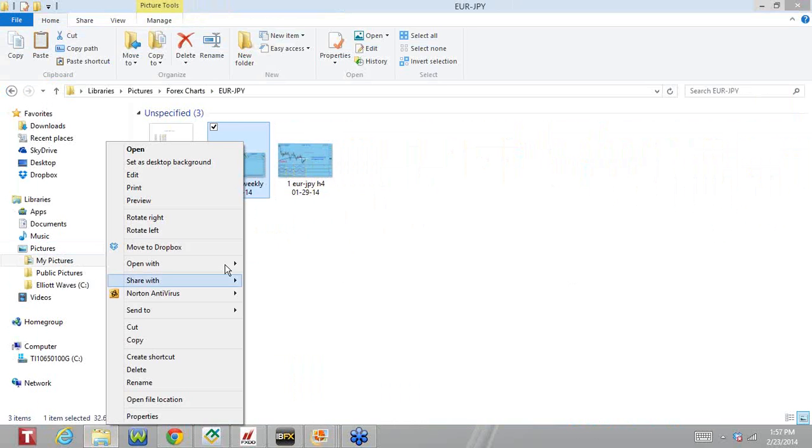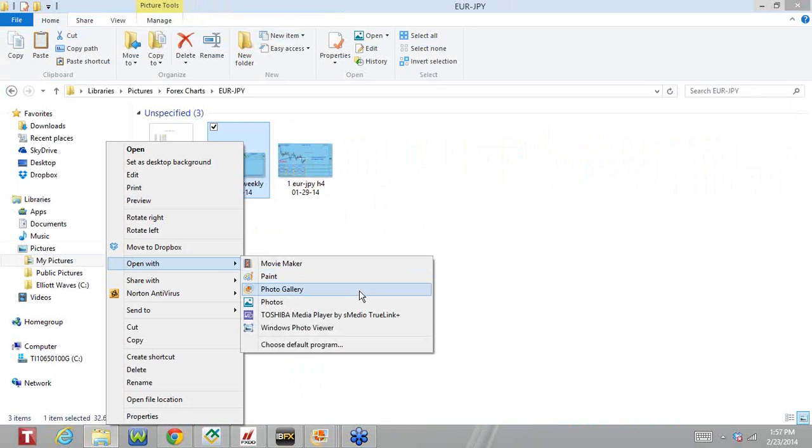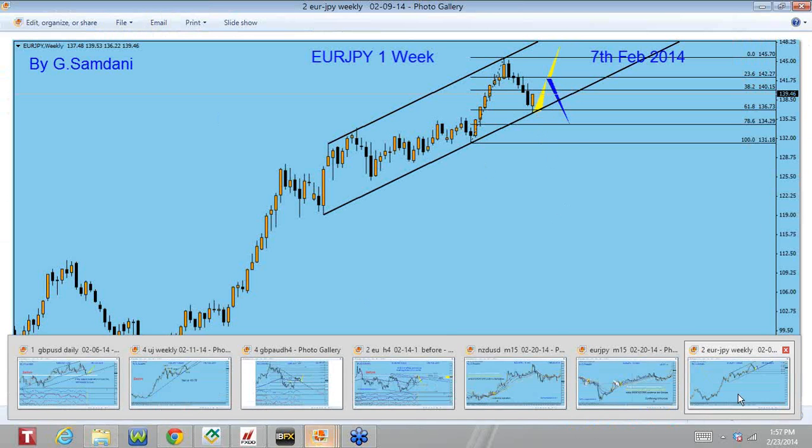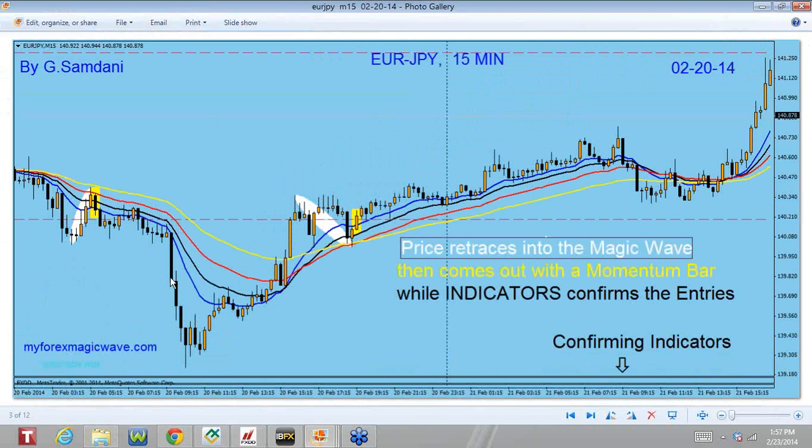That's the only chart I have, not many. Maybe on the other computer. Anyway, so Euro Yen, I had this that we will be going up to this 23.6% line, but then drop here again maybe and then go up because it's been going up and up and up for long. So here you have a dip.